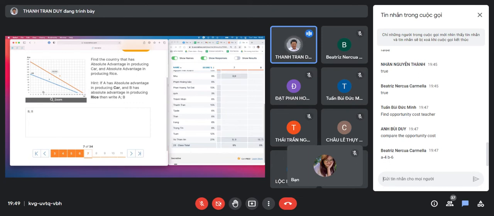Any problem? Let me know. And the last question will be, given the PPF curve of the country, if country A allocates all the resources to produce more car, how many car and how many rice can they produce? Car first, rice later.